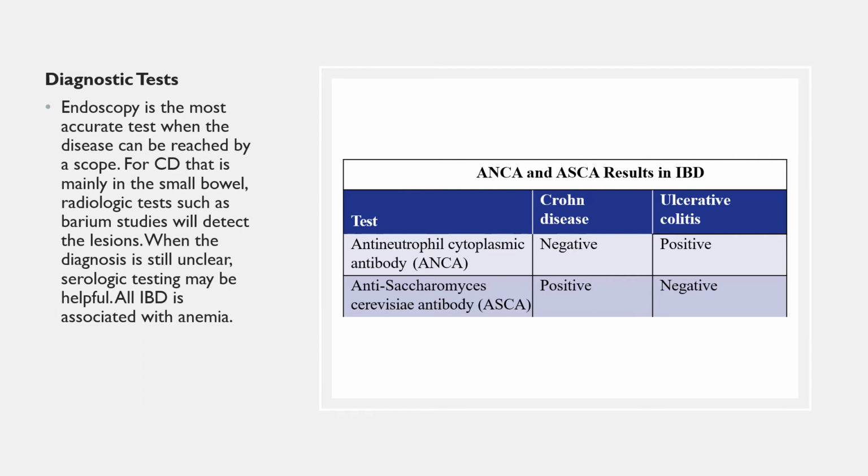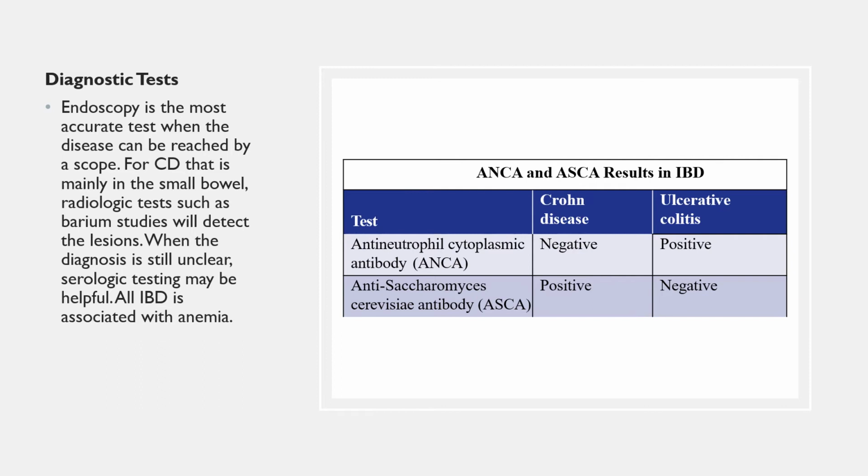For CD, this is mainly in the small bowel. Radiological tests such as barium study can detect lesions, and when the diagnosis is still unclear, serological testing may be helpful. IBD is associated with anemia.